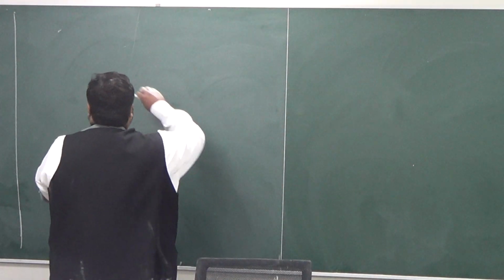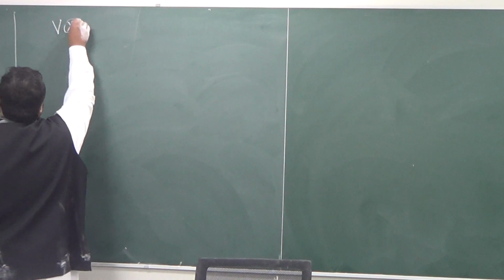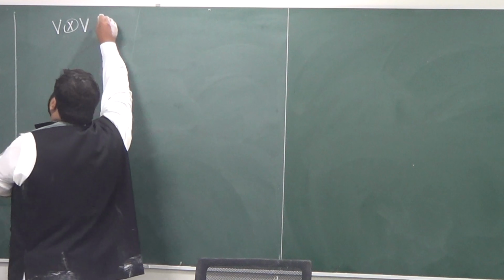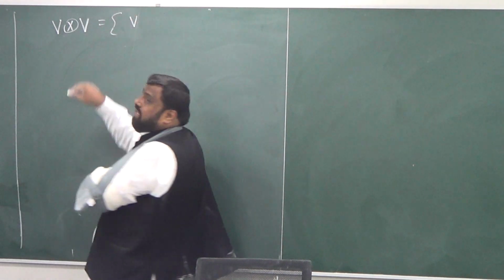Okay, so what is V tensor product V? If V is the vector space, it's a collection of maps.